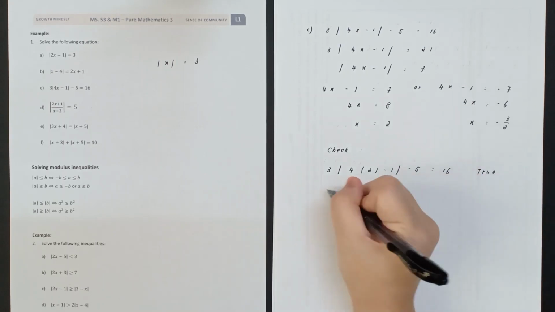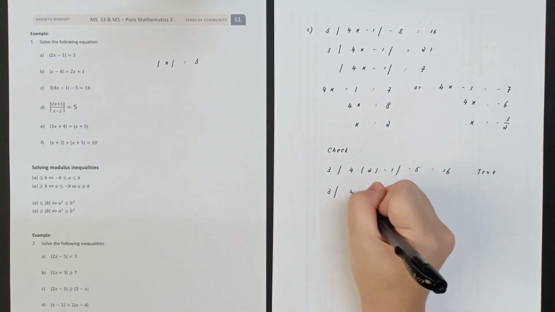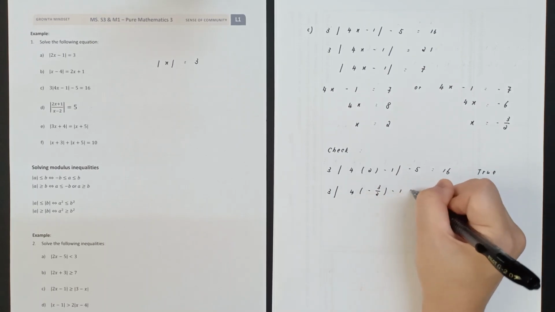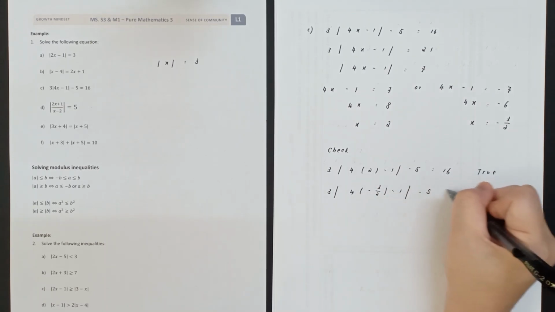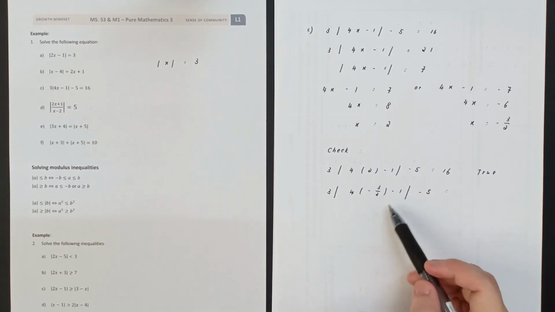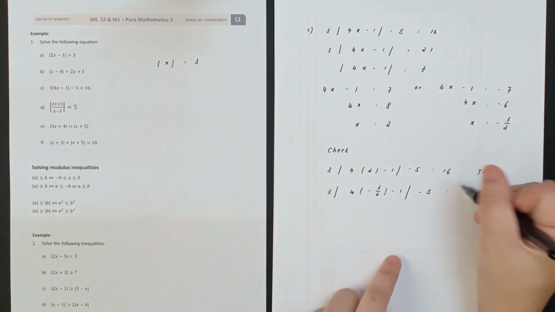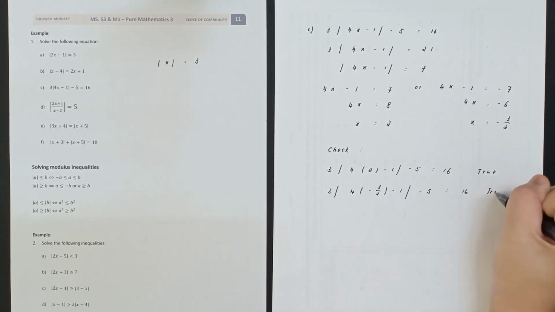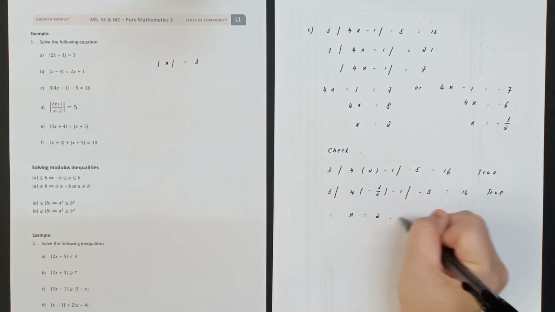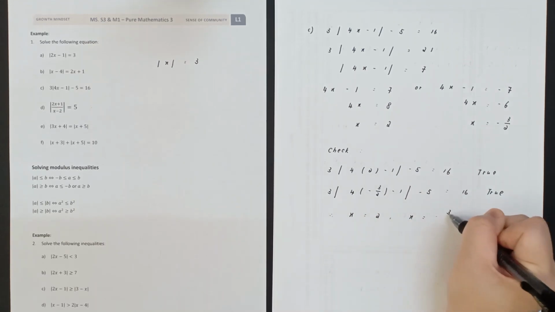The same thing, 3 times 4 times -3/2 minus 1, minus 5. You'll be getting -6, then after you do the modulus, same thing, you get 7 and 16, so this is true as well. So you have two solutions here, which are x equals 2 and x equals -3/2.